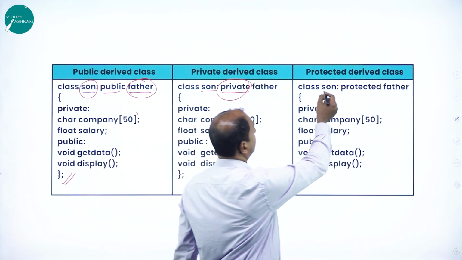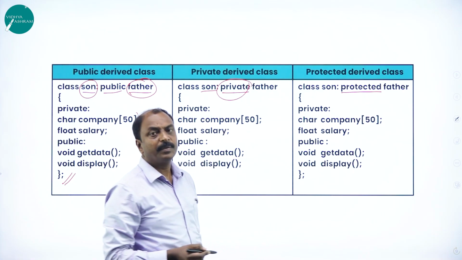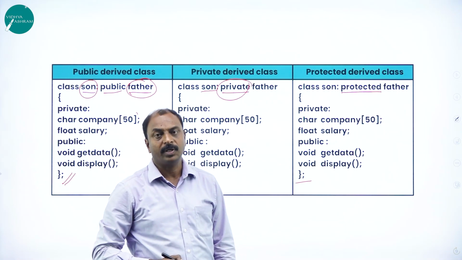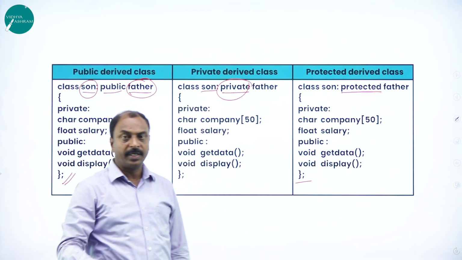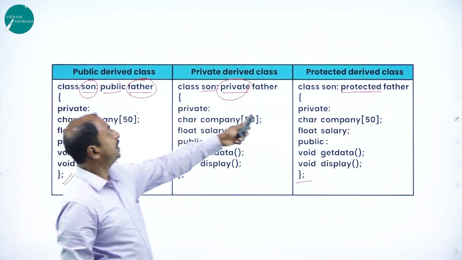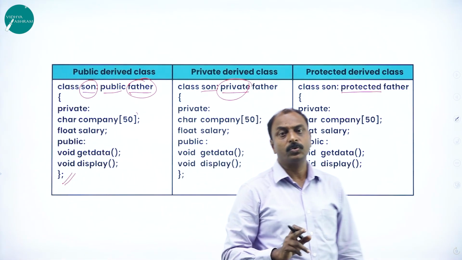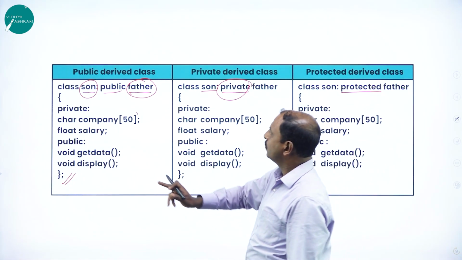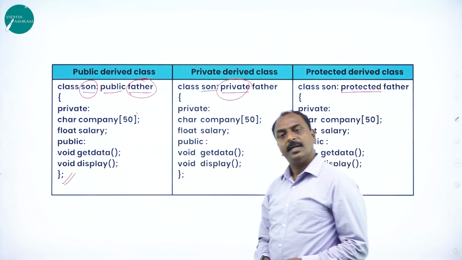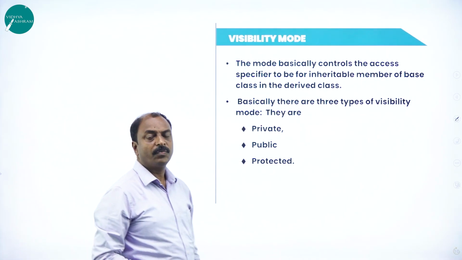And here is another derived class, where the visibility mode is protected, and this class also ends with a semicolon. So this is how to define a derived class. These are three different derived classes, derived with respect to different visibility modes: public derivation, private derivation, and protected derivation of the base class. Now let us see the definition of visibility mode.